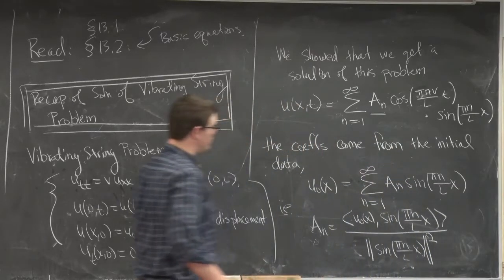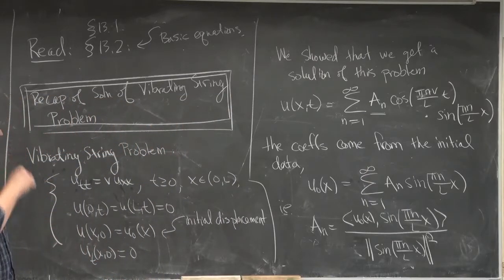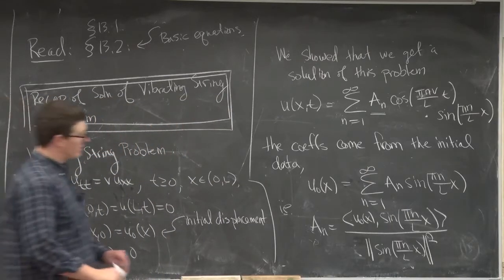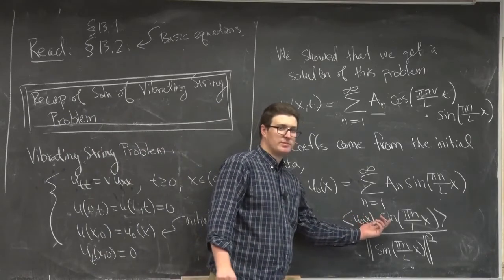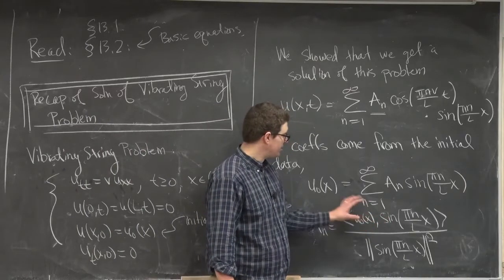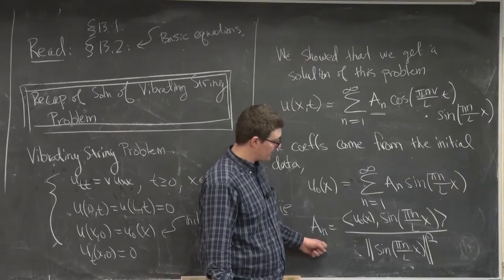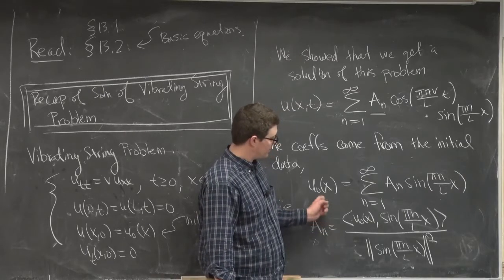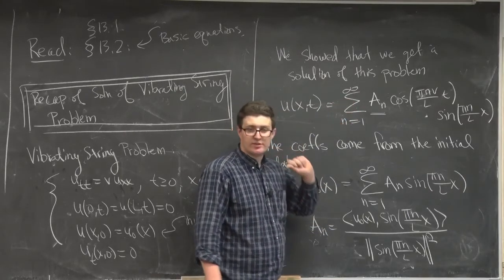So that's the norm over the interval 0 to L. And this thing denotes that you take these two things, you put them together, and then you integrate over that. So we did this eigenfunction expansion, so we can solve for these. These are going to be numbers once we give a function. And then this gives us our solution.